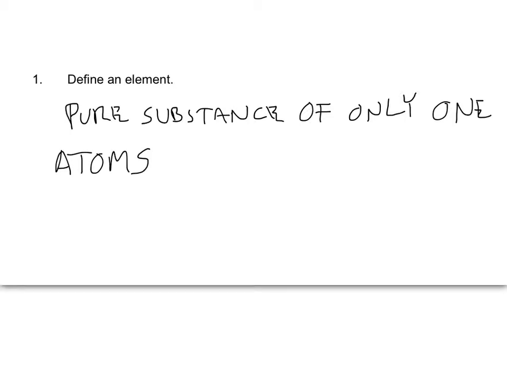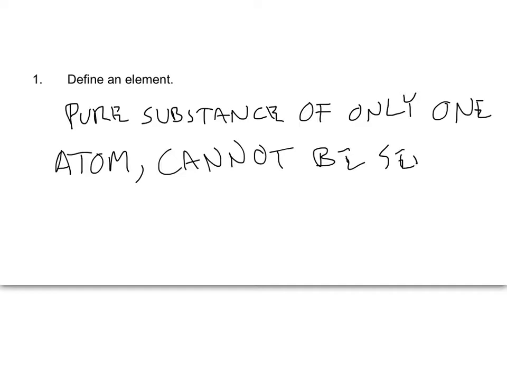One atom, that should say. I'm summarizing here what I'm writing because it would take too long otherwise, but cannot be separated. Okay, it's a pure substance of only one type of atom that cannot be separated by physical or chemical means.